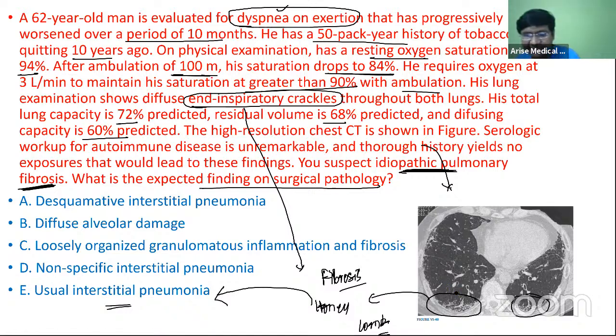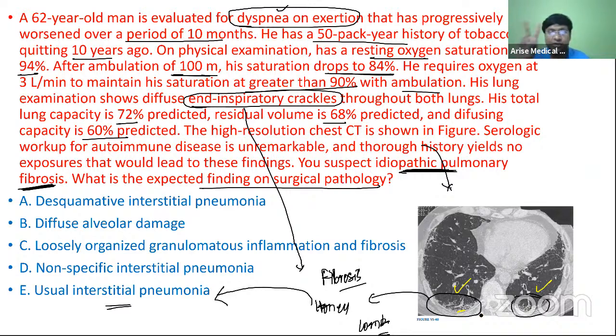There is presence of fibrotic strands, and there is also presence of the honeycomb appearance of the lung. It is not present throughout the lung. It is present in selective areas, right? And most commonly in the right lower lobe. Okay, so this is about your usual interstitial pneumonia and idiopathic pulmonary fibrosis.